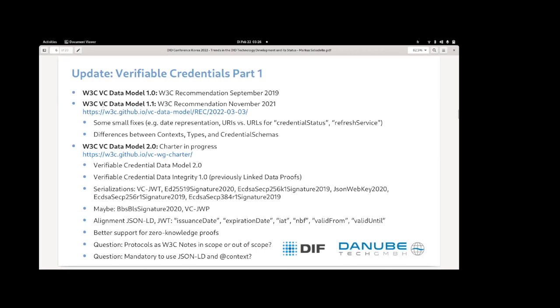So there is now verifiable credentials data model 1.1. You see this has a date now of 3rd of March. So that's in 2 weeks or so. So this will be published very soon. This is a maintenance update, right? So this has no breaking changes.